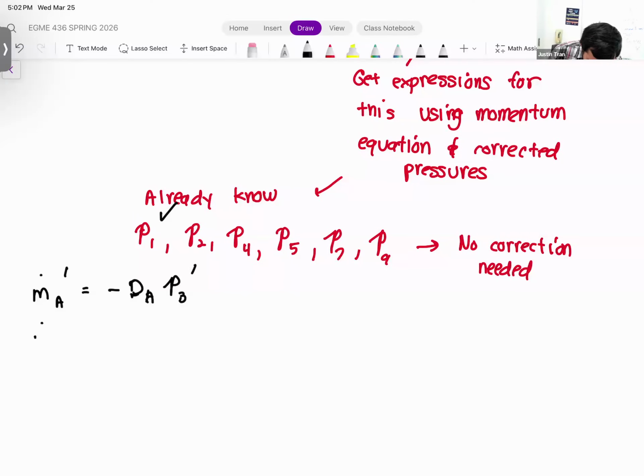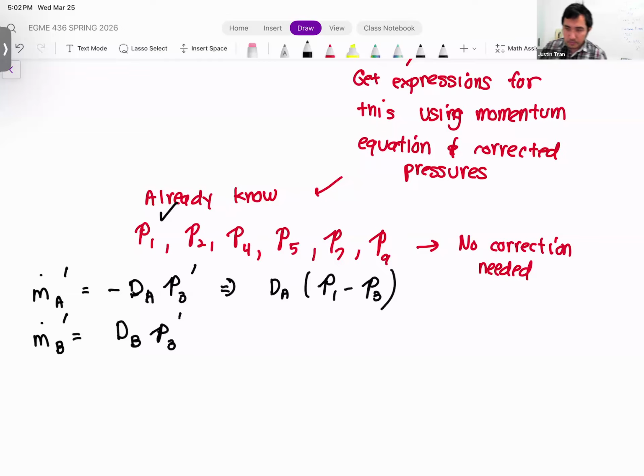Okay, and then let's do the same thing for all of the other pipes. So m dot B prime is equal to dB multiplied by P3 prime. If you're wondering why the first one's negative and the second one's positive, just to remind you, m dot A is dA multiplied by P1 minus P3.